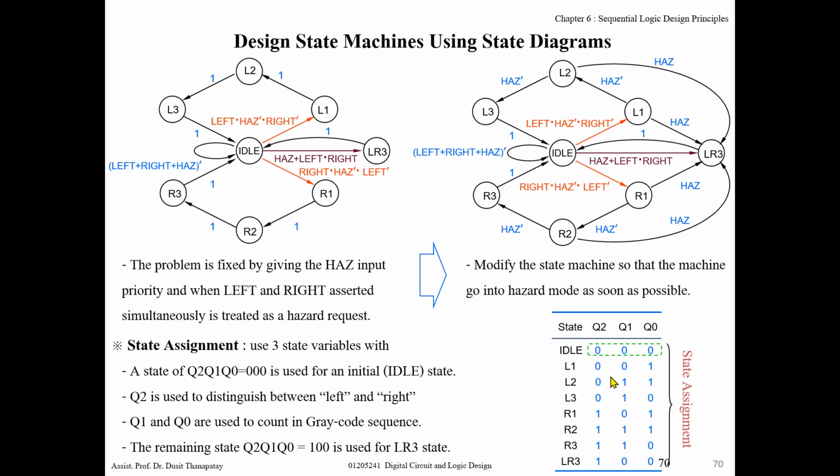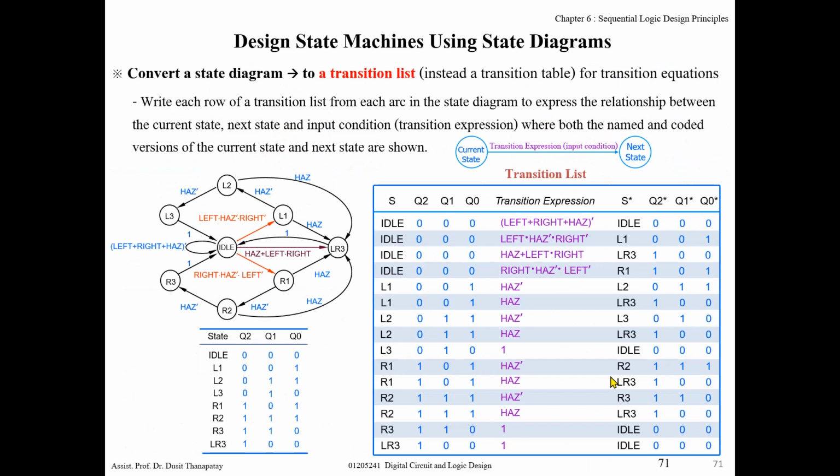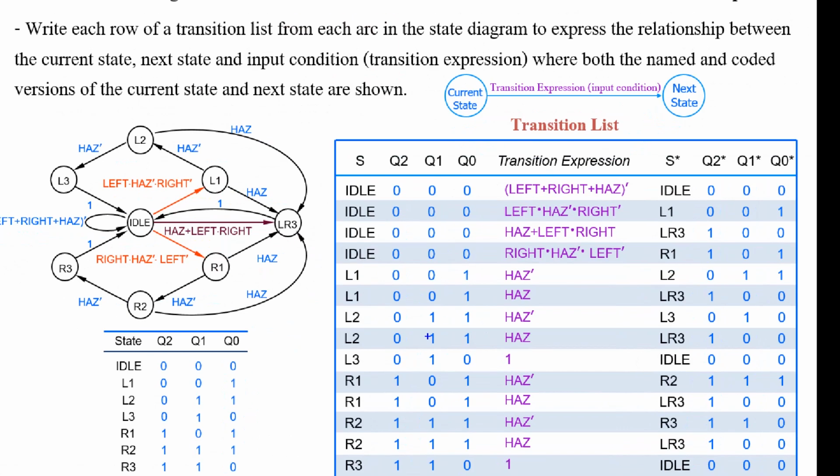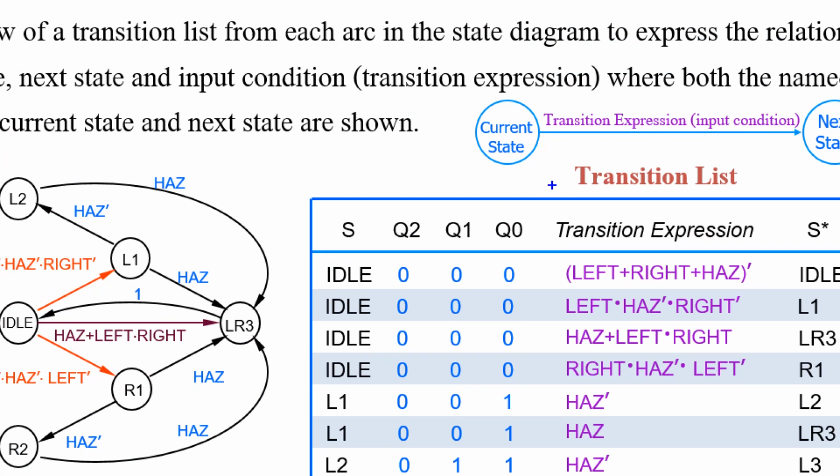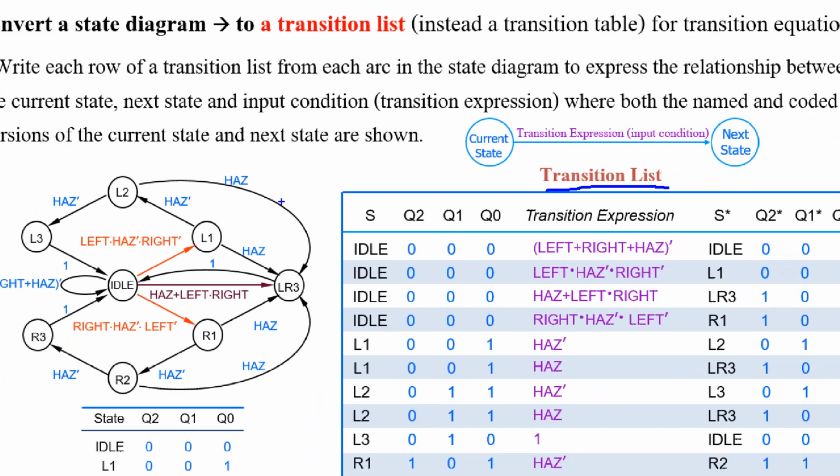Okay, and how about the transition expression? To determine the transition expression by using a state diagram, you must write out a transition list. What is it?